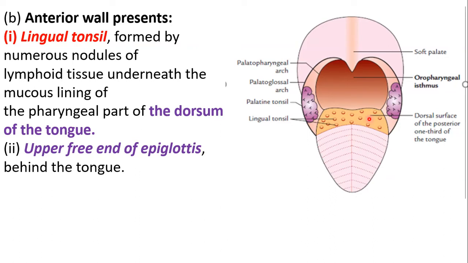The palatine tonsils are present on both sides, and at the roof there will be the pharyngeal tonsil. So the lingual tonsils are formed by numerous nodules of lymphoid tissue underneath the mucous lining of the pharyngeal part or posterior one third of tongue.